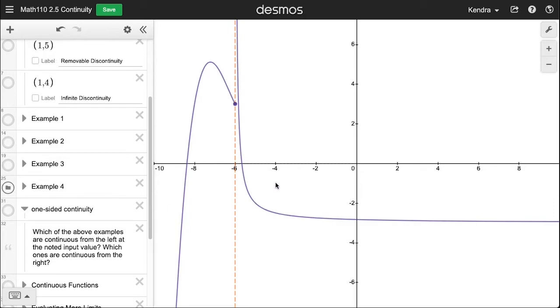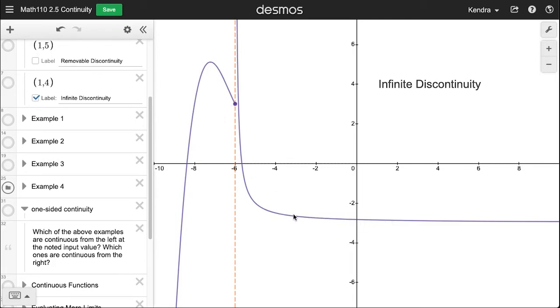This function, remember, it has an infinite discontinuity at x equals -6. Go ahead and think about, is this function continuous from the left or continuous from the right, or neither at x equals -6? Now you can see as x approaches -6 from the left, it looks like the left-hand limit is around 3.